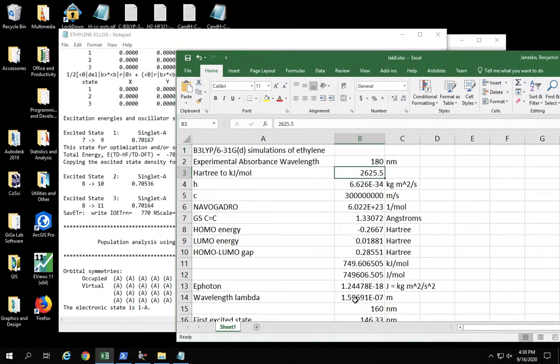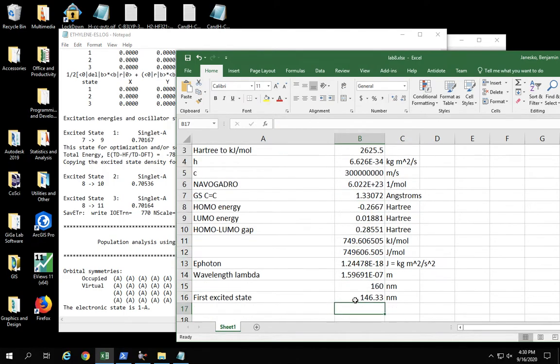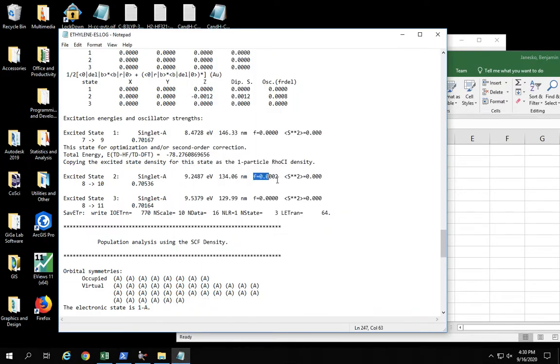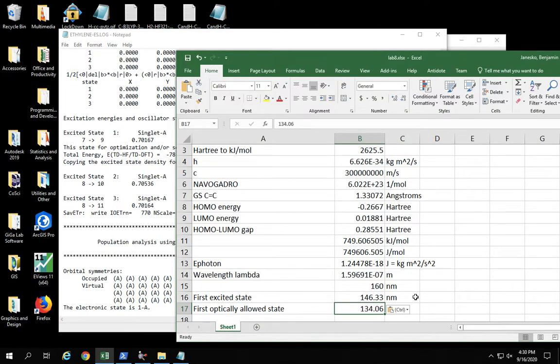But of course, that's the optically allowed one. If we look at the state that has a non-zero intensity, that's at 134 nanometers. Again, that's also a little off. There's probably some solvent effects and things like that there as well.